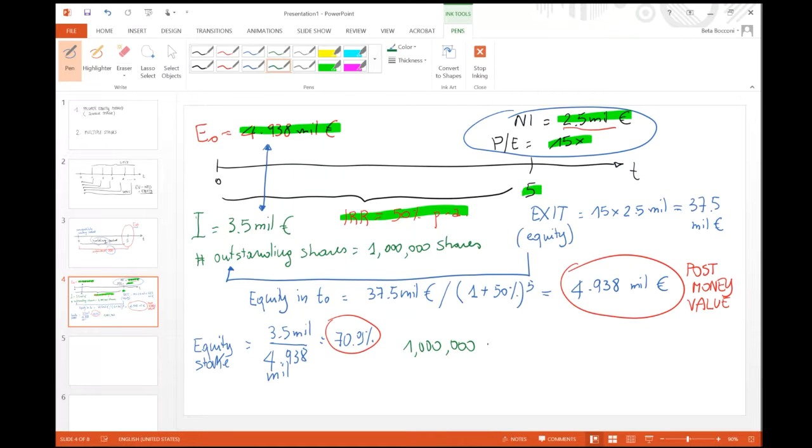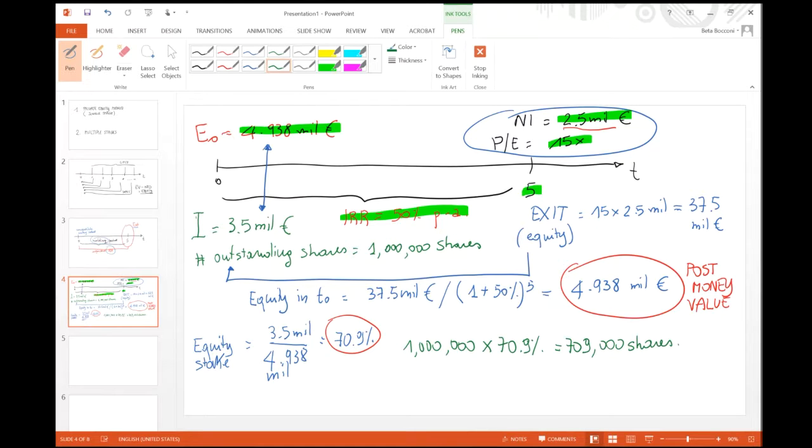If we have to buy 70.9, we will acquire a number of shares that corresponds to 709,000 shares, which in principle is a reasonable kind of argument.